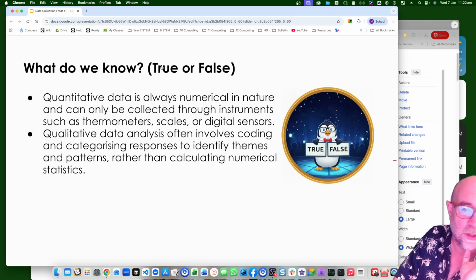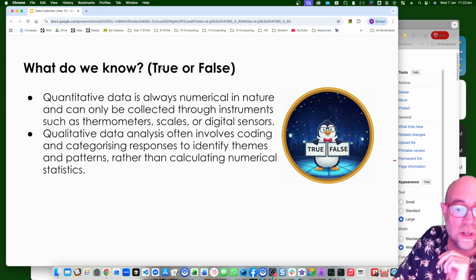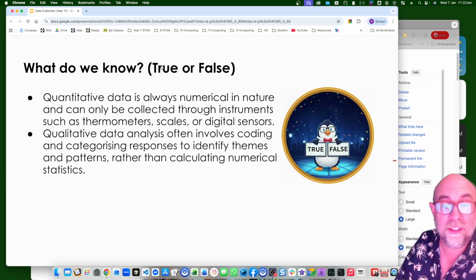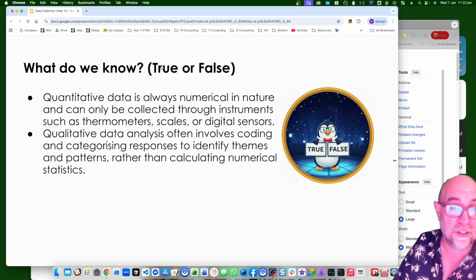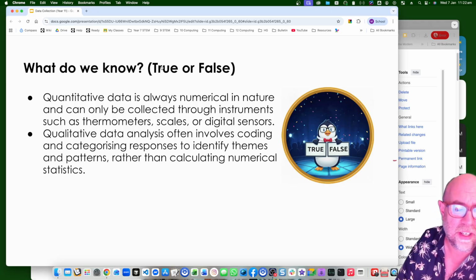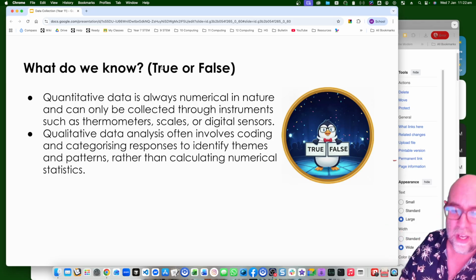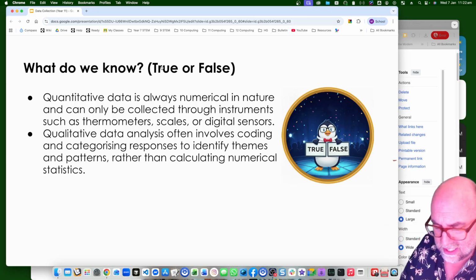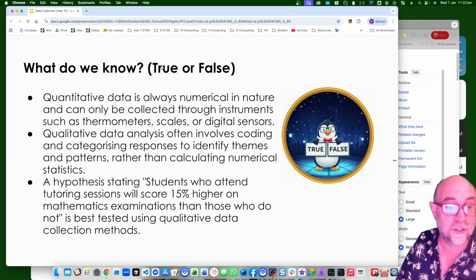Qualitative data, so the quality, often involves coding and categorizing responses to identify themes and patterns rather than calculating numerical statistics. Yeah, absolutely. If we're talking about that previous question about business owners' experience during the pandemic, then yeah, you would say most participants indicated that they experienced high levels of distress.